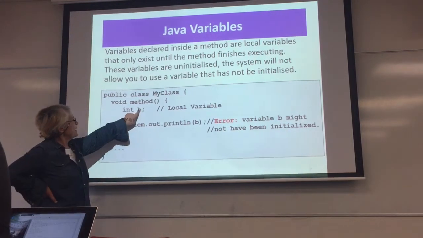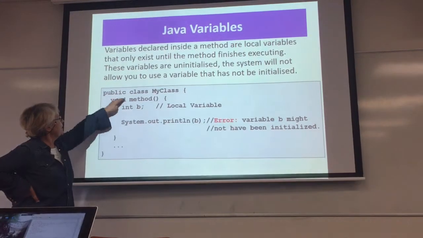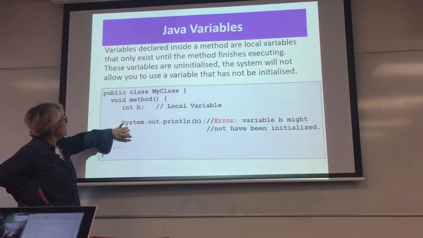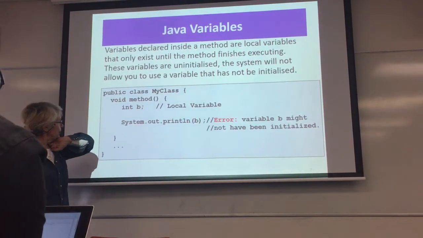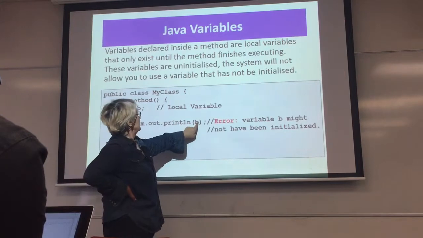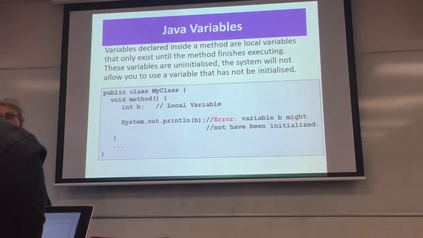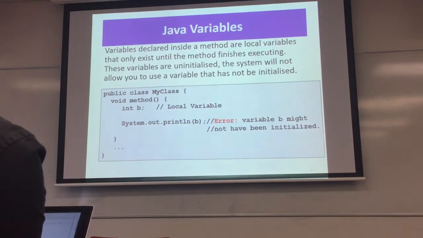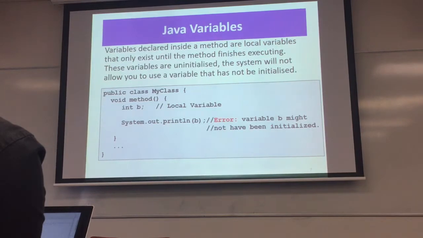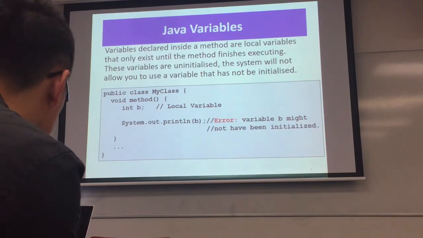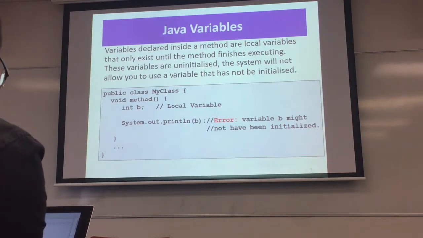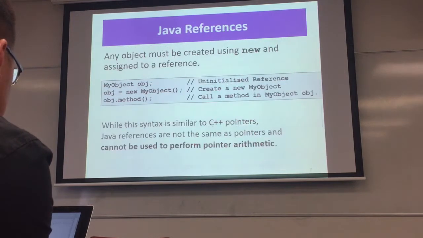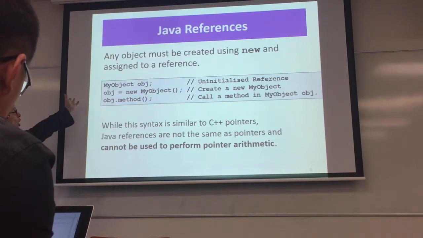So B, a local variable in a method, as you can see, is not initialized, and if you try to print it, you get an error. So be aware of the difference between a local variable in a method and member data. In Java they are called fields.